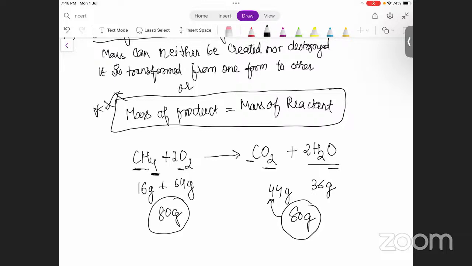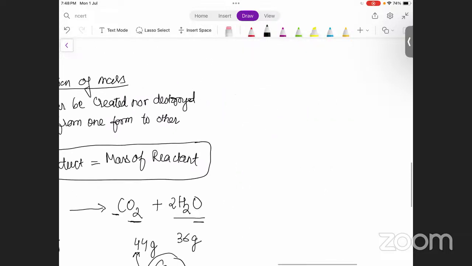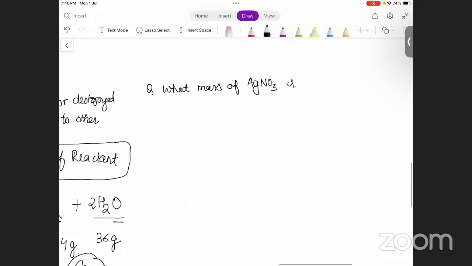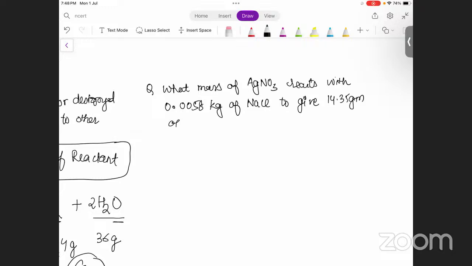So the other kind of problem you can get is, let's suppose, you have to write this question: what mass of AgNO3, which is silver nitrate, reacts with 0.0058 kg of NaCl to give 14.35 grams of AgCl and 8.5 grams of NaNO3.